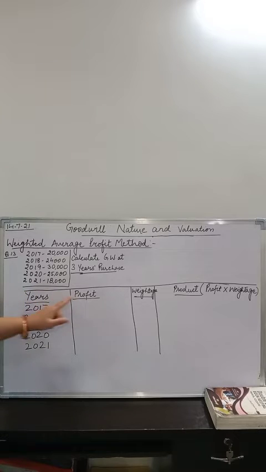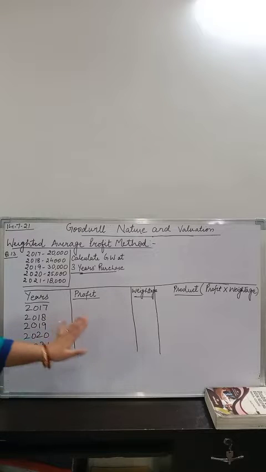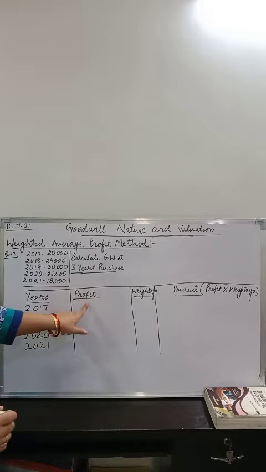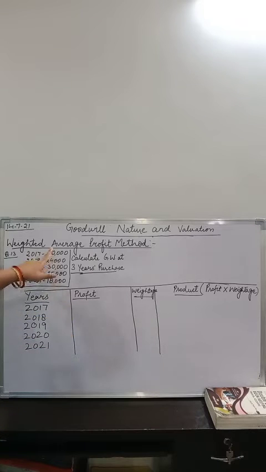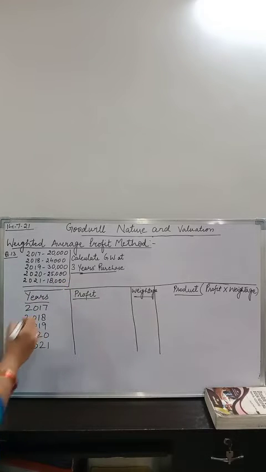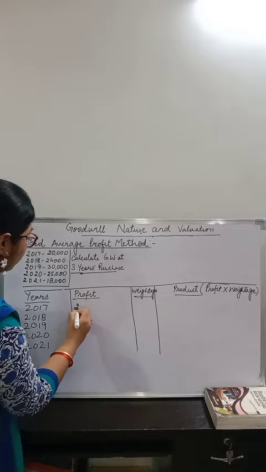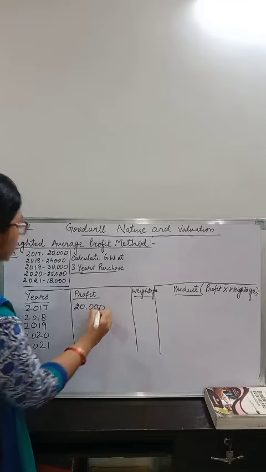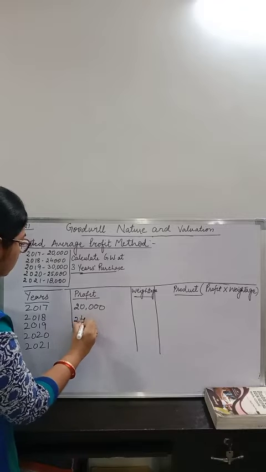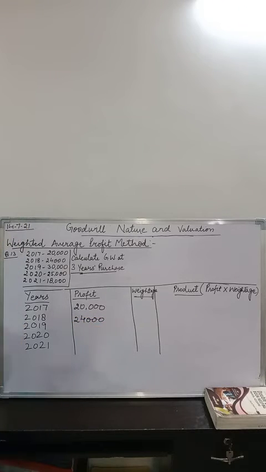So children, we will make a table. First column is for years 2017 to 2021 as the data is given to us in the question. Then the next column is profit. Now these are the profits attained by the firm in respective years. In 2017 it was 20,000. In 2018 it was 24,000.